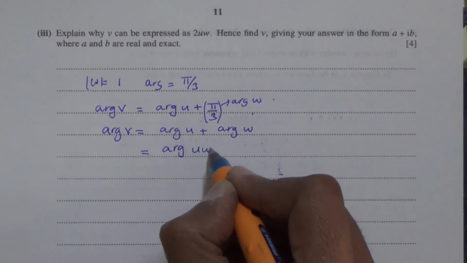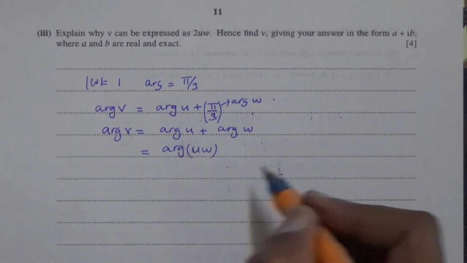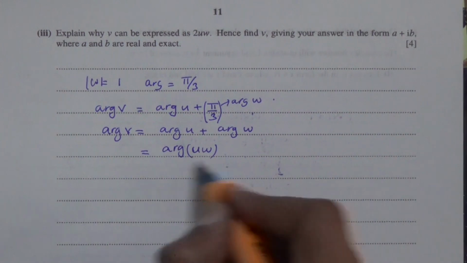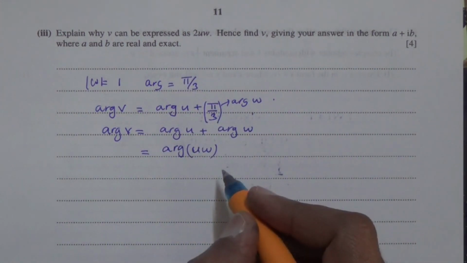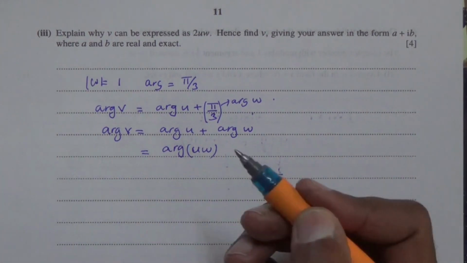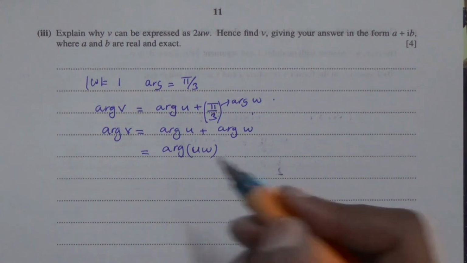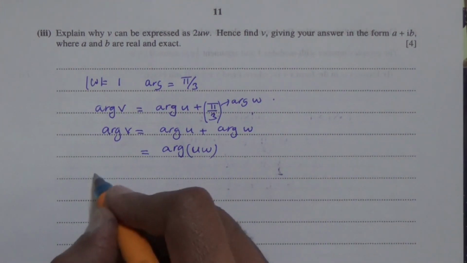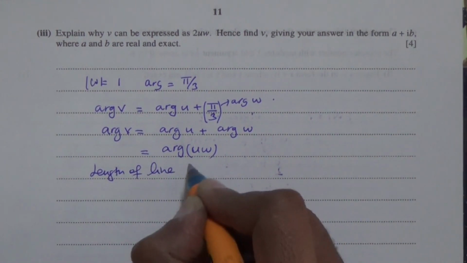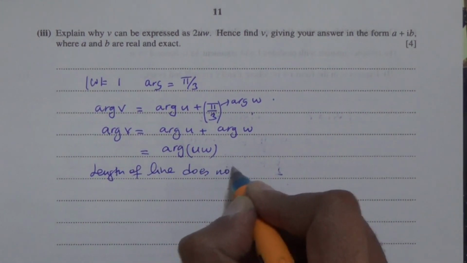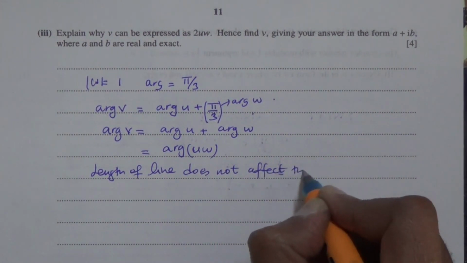That's the property of arguments: when you have addition, you multiply. And because there is a 2 here, the 2 won't affect the angle. The length of the line does not affect the angle.